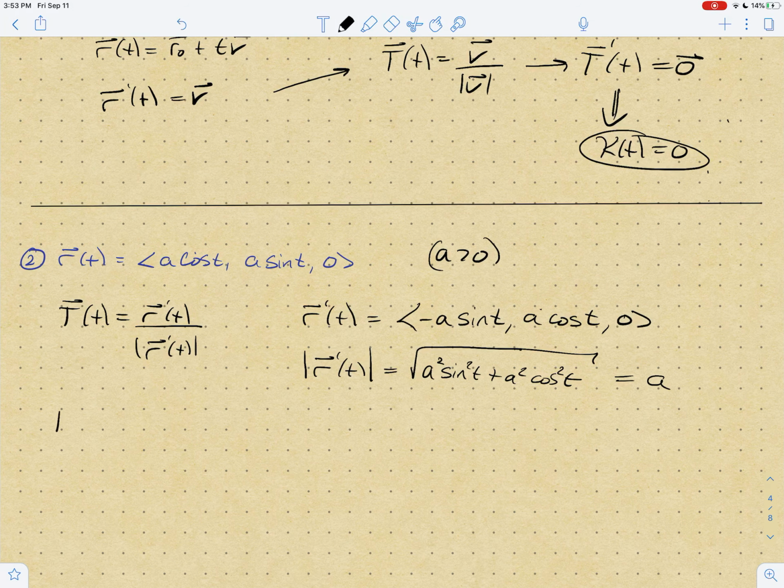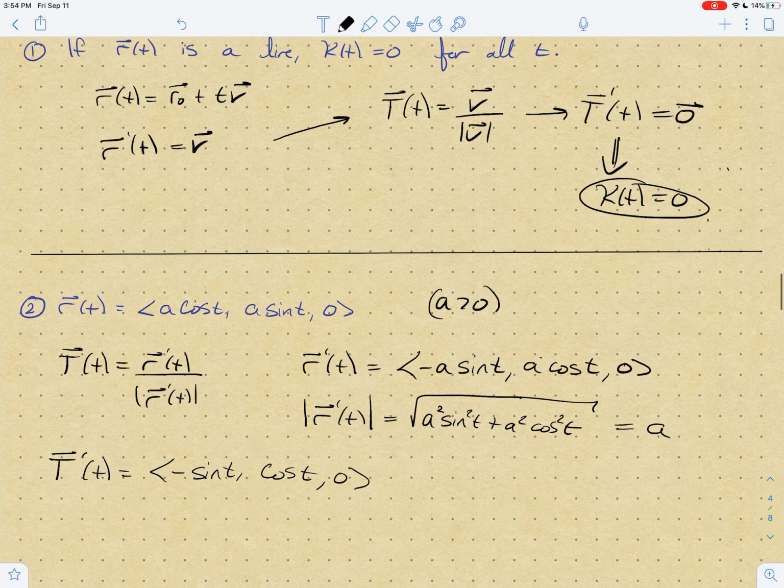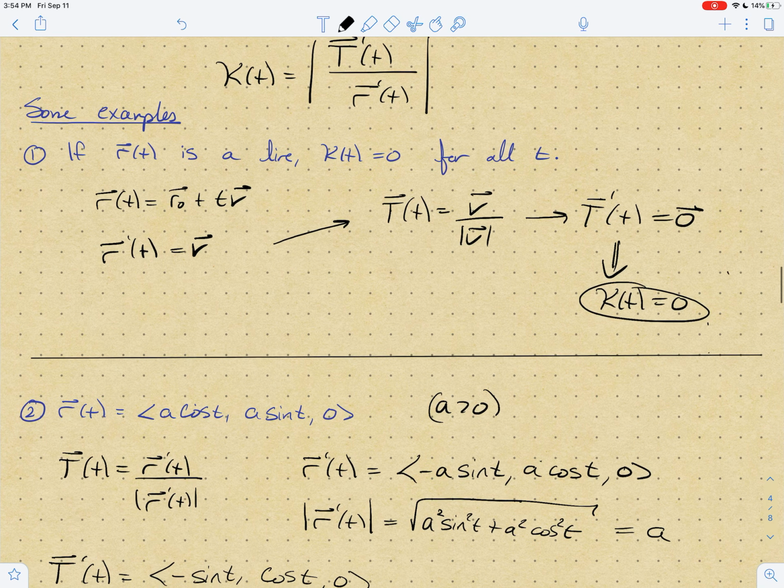And now I can compute T of t, right? This is going to be minus sine t, cosine t, comma 0. When you take r prime and you divide by its length a, then you cancel the a's out. And so now we're here, and I want to go T prime divided by r prime.